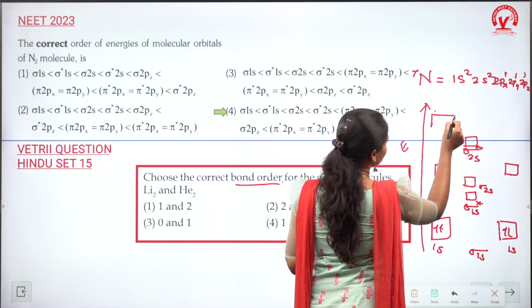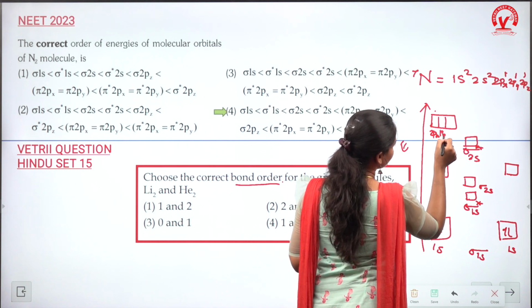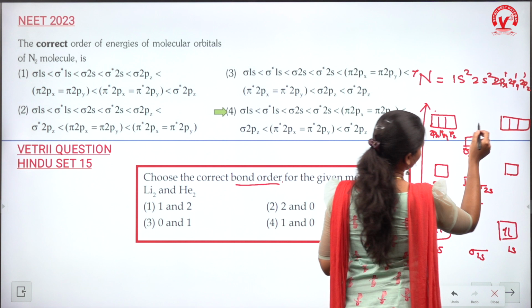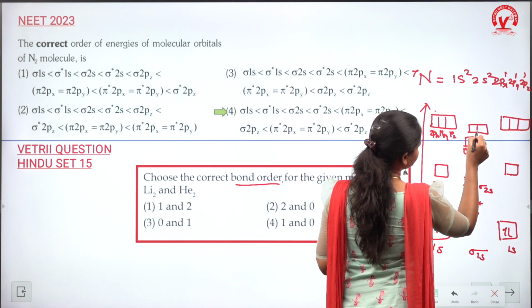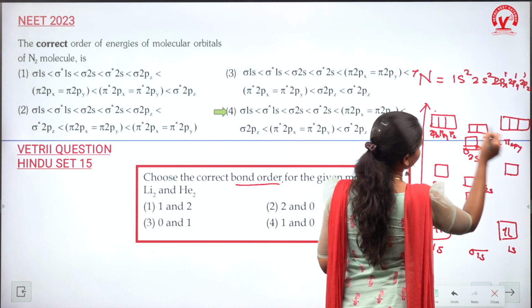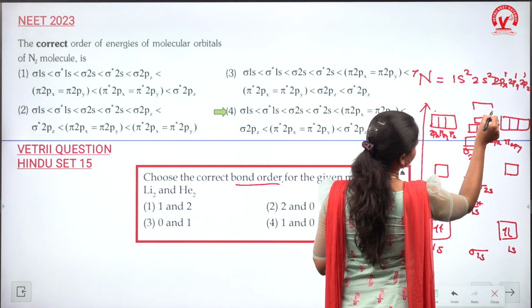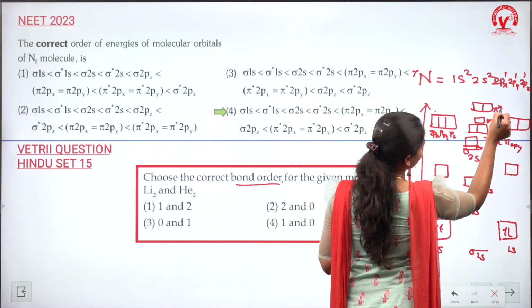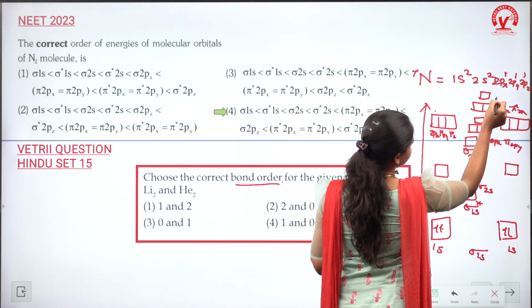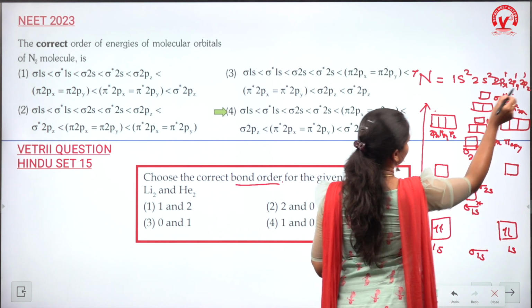Then 2px, 2py, 2pz. Here also 2px, 2py, 2pz. The lower energy is pi 2px, pi 2py. Then sigma 2pz orbital. Then pi star 2px, pi star 2py. The next is sigma star 2pz.